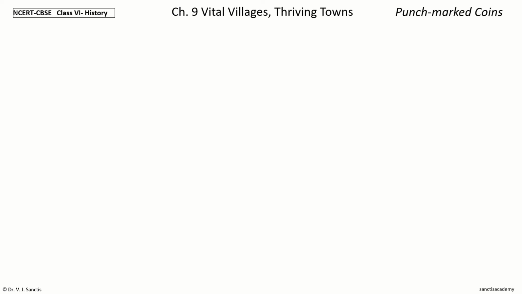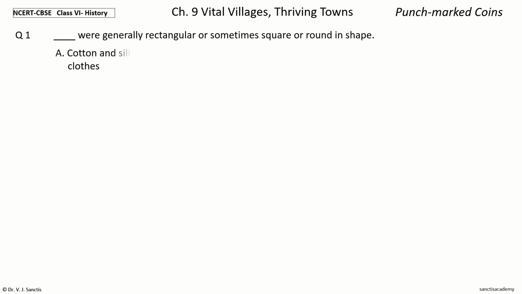This comprises 12 questions. Question 1. Dash were generally rectangular or sometimes square or round in shape. The options are cotton and silk clothes, gold vessels, punch-marked jewelry, punch-marked coins.